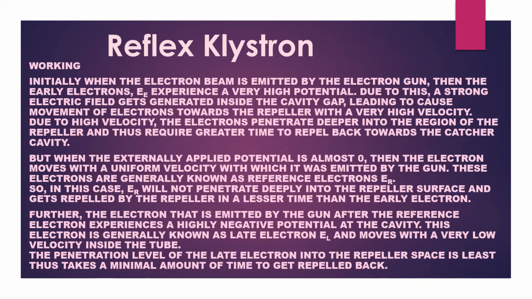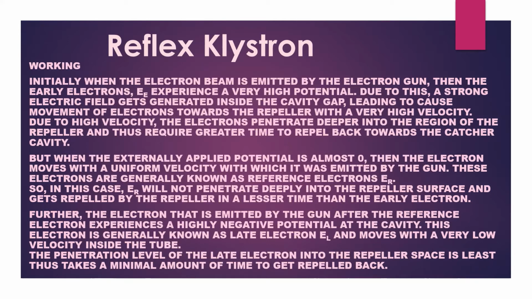Further, the electrons that are emitted by the gun after the reference electron experience a highly negative potential at the cavity, and these electrons are generally known as late electrons, EL. I gave you the reference of three types of electrons: early electrons, reference electrons, and late electrons. All these electrons are moving towards the repeller electrode, and they are repelled by the repeller electrode.